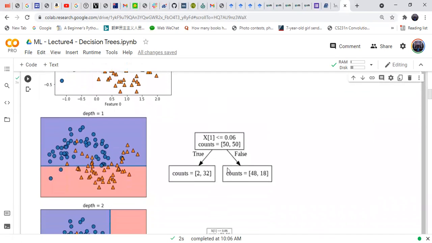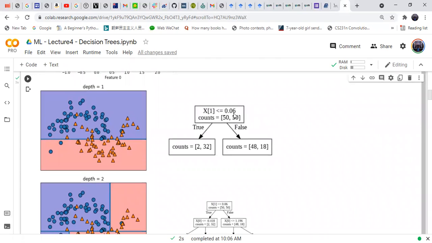Then we apply the decision tree algorithm, taking some attribute and keeping the value of the attribute as 0.06. Initially the data set has 50 data points from each class, and when we take the attribute and keep it at 0.06, we get a vertical split, where most of the points belong to one class and most of the other points belong to the other class.